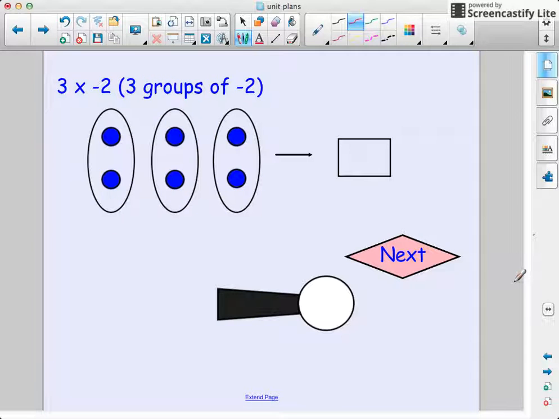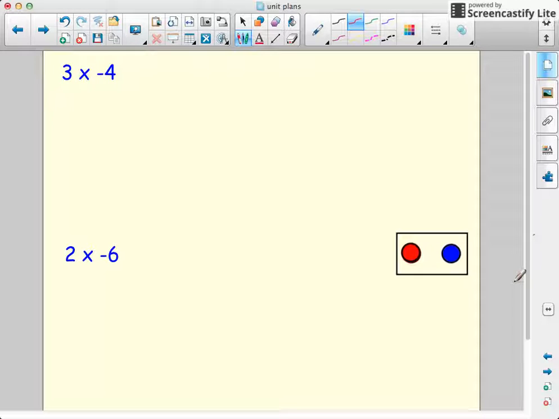So if we start using integers now, this says we have 3 groups of -2. So we draw 3 groups. Each one has -2 in it. In total, I have -6. So this one would say I have 3 groups of -4.